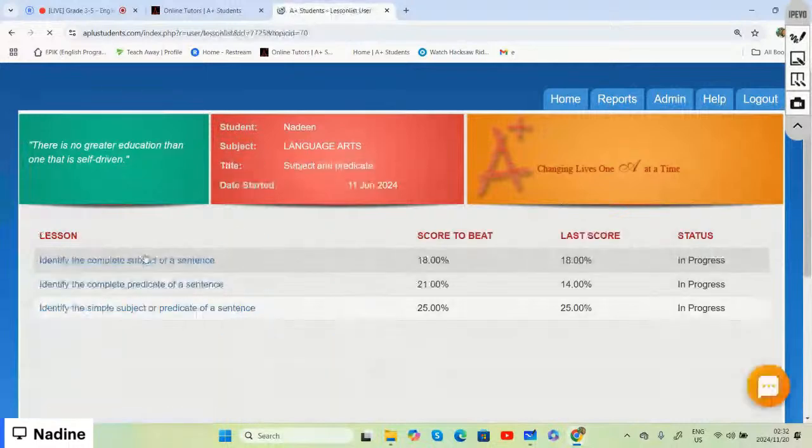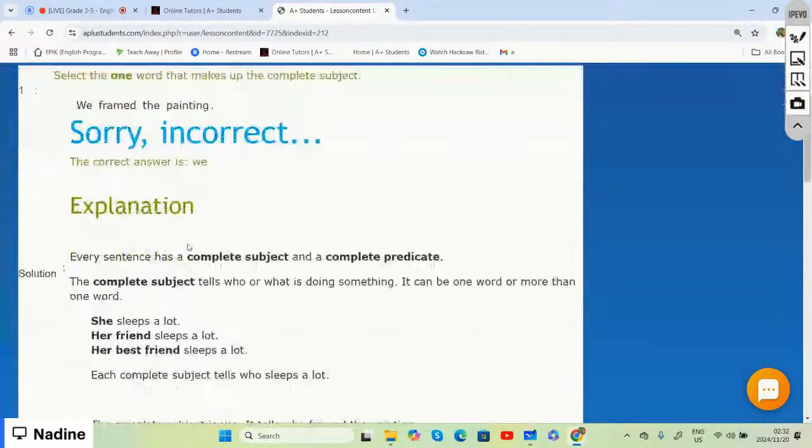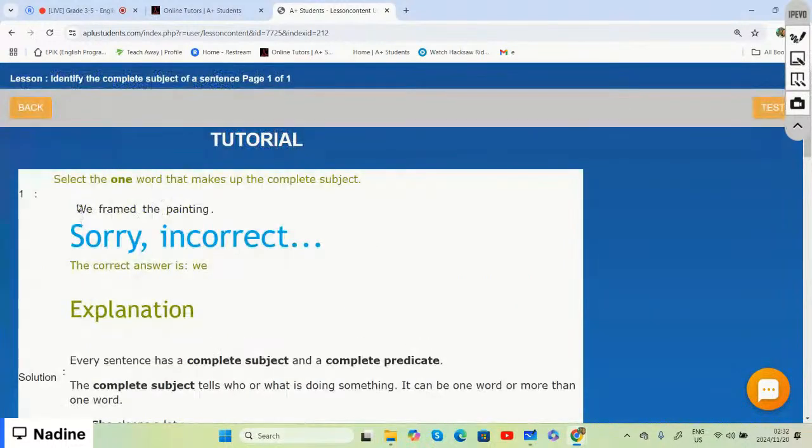All right. So now we're identifying the complete subject. And we see that when we identify the complete subject, it tells us who or what is doing something. It is one word or more than one word. Now we need to identify one word that makes up the subject. It says, we framed the painting.